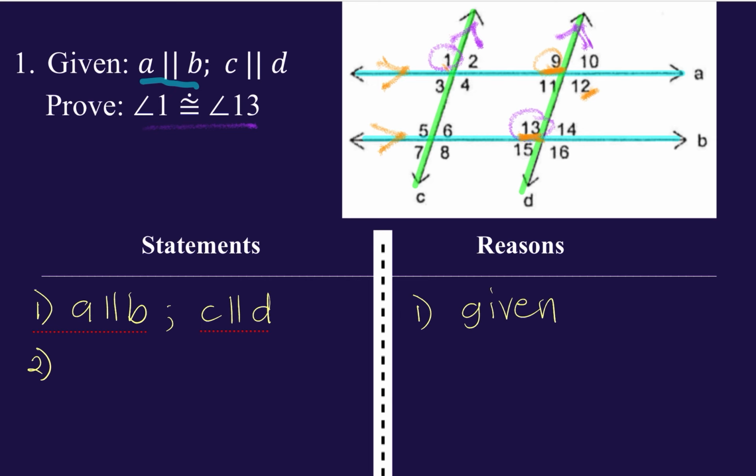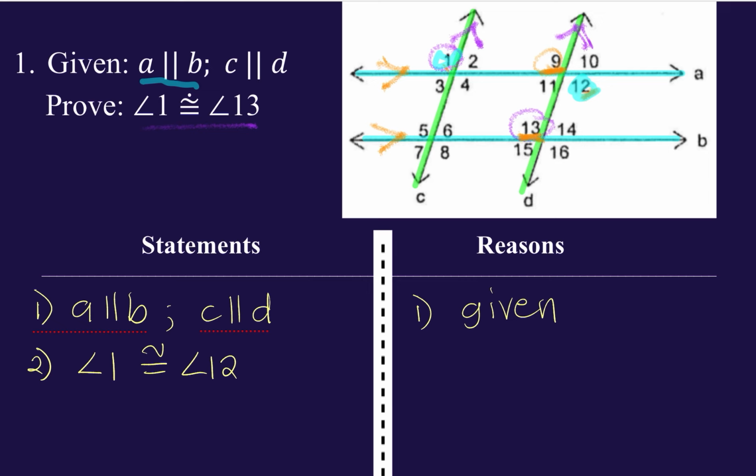So we're going to start with angle 1. Angle 1, I would like to use 12. Angle 1 is congruent to angle 12. So angle 1 and angle 12 are alternate exterior angles.